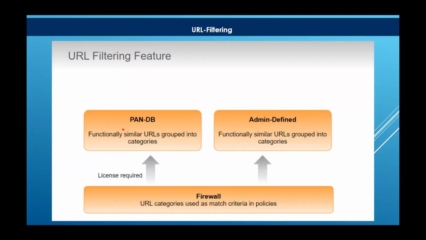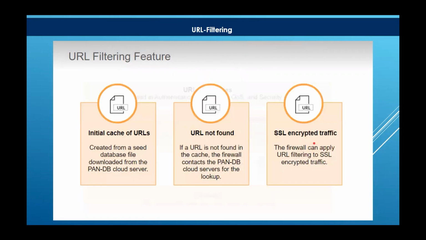Suppose you want to block all gambling websites, but you don't know which gambling websites are available there, right? Those websites are maintained in the Palo Alto database, right? And admin defined means if you want to block a particular website, like I want to block facebook.com, or any organization's website, you can block that, right?